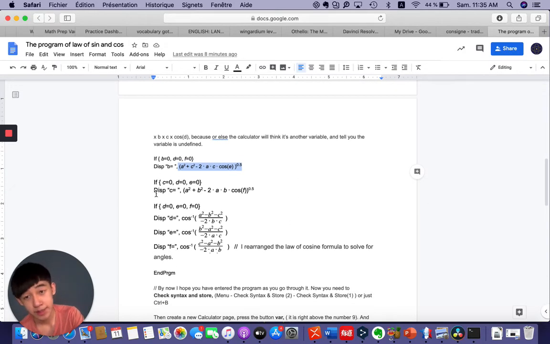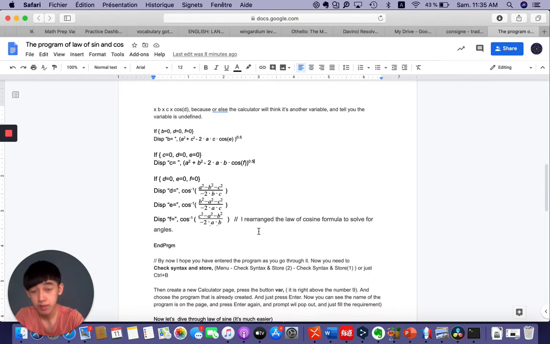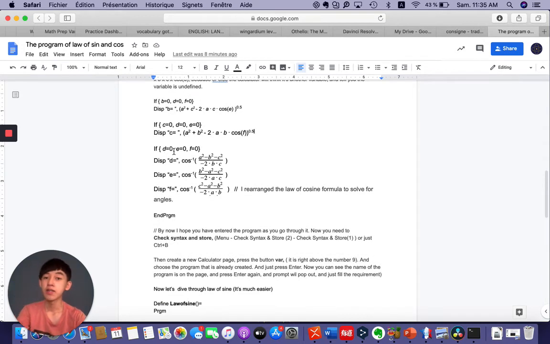And here's another case where C equals 0 and D and E equal 0, and you need to find C in this case. And in the last case here, we don't know the three angles, but we know the three sides. This is also one of the cases in the law of cosine. So here D, E, and F, the three angles we don't know, but we know the three sides.